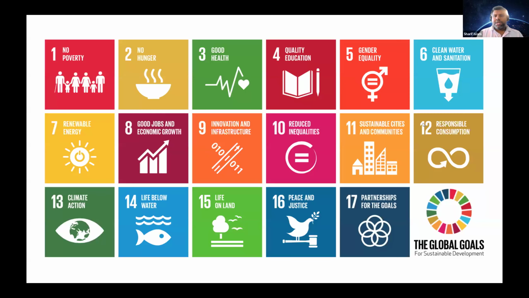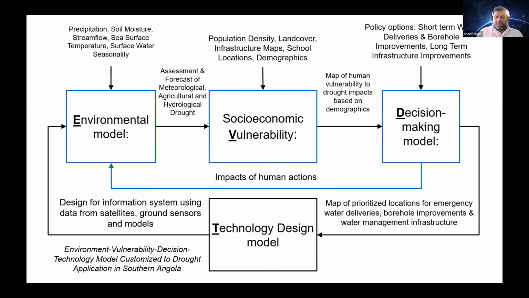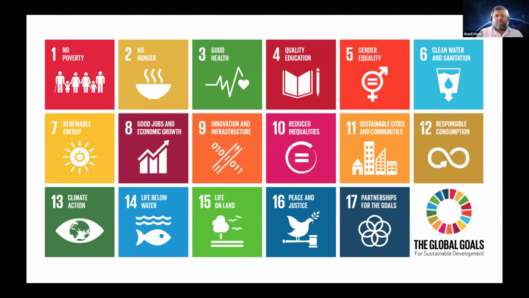As I mentioned, our lab's goal is to help in achieving sustainable development goals in some of the countries that we are working on. Among the 17 different sustainable development goals, we believe we are contributing to more than 8 or 10 SDGs.